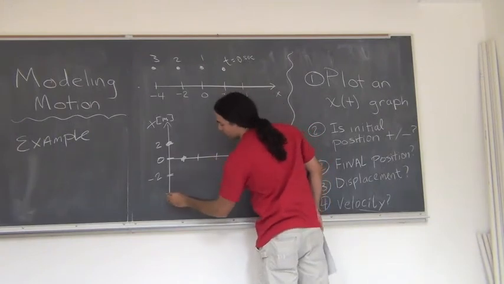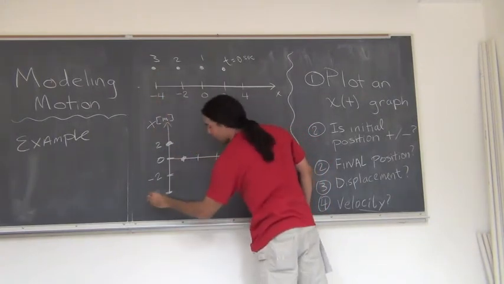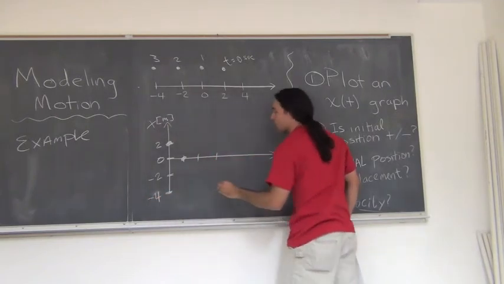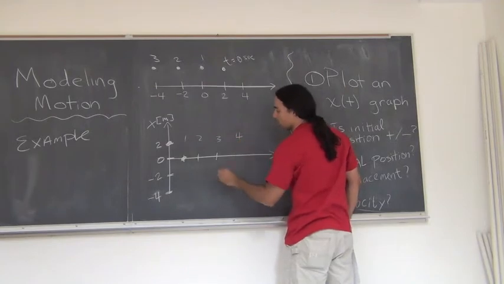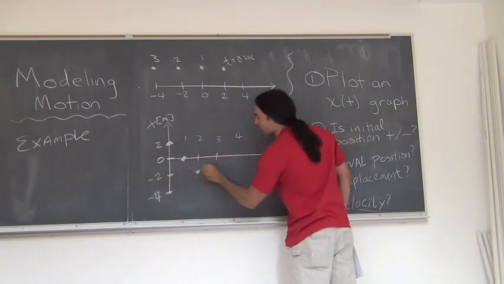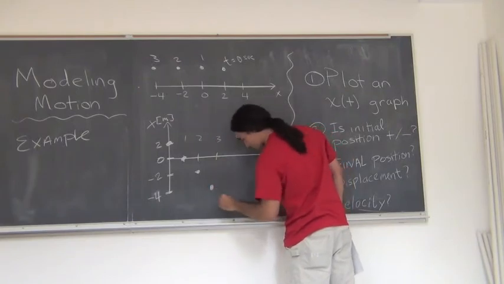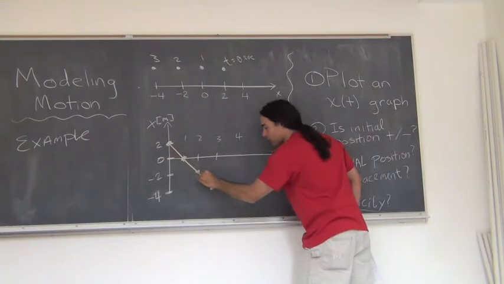At 3 seconds, I'm at -4 meters. So 1 second, 2 seconds, 3 seconds. At 2 seconds, we're at -2 meters. At 3 seconds, we're at -4 meters. So we can see we're getting a downward sloping line.